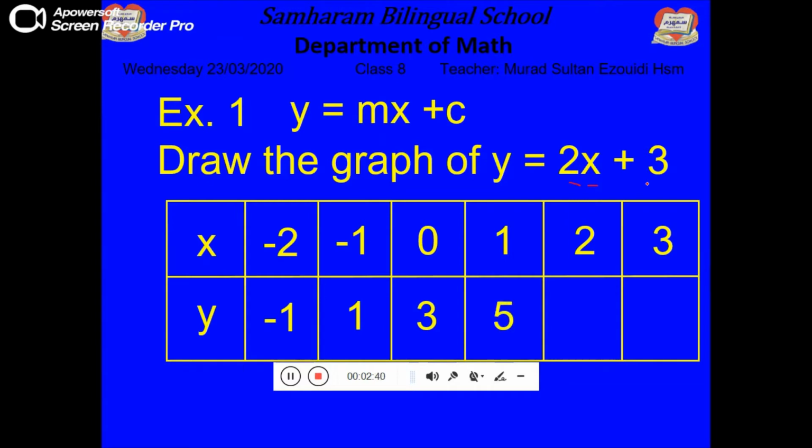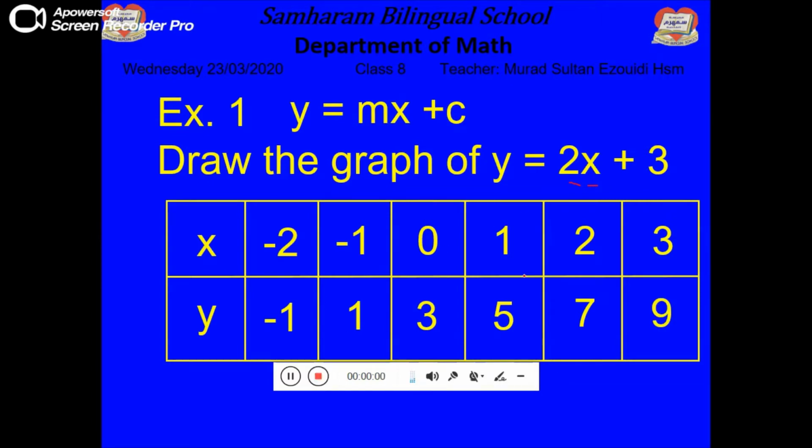When x equals 1, 2 multiplied by 1 is 2, plus 3 is 5. When x equals 2, 2 multiplied by 2 is 4, plus 3 is 7. And the last one, 2 multiplied by 3 is 6, plus 3 is 9. Now we have constructed our table of values.